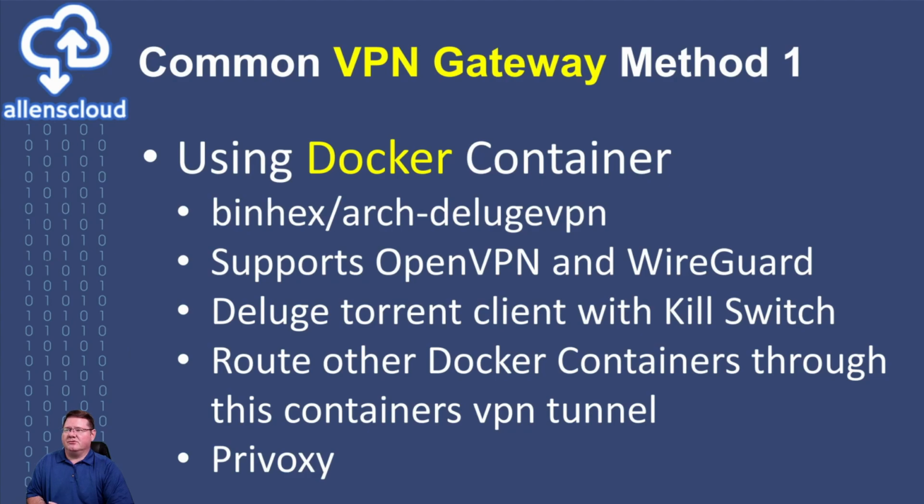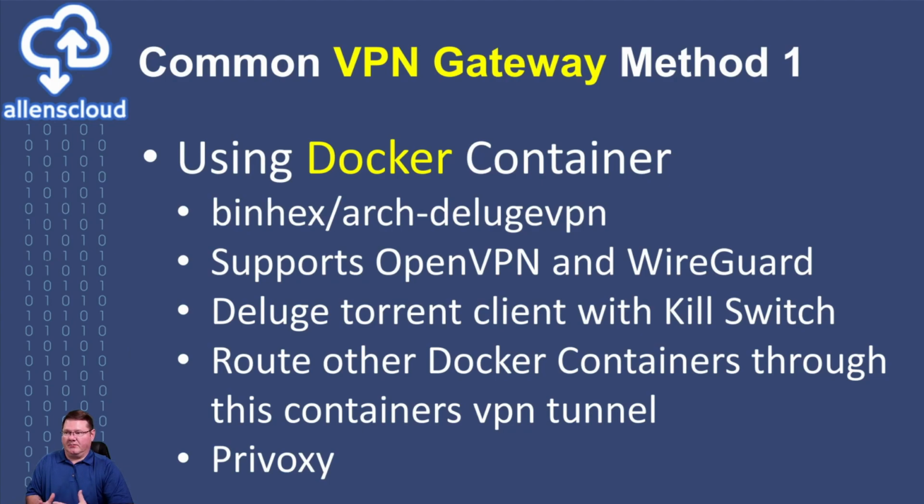So the first one here is using Docker. So the particular image, BinHex, the Arch Deluge VPN. It's very common, very popular. There are several other how-to video guides out there on how to set this up. So some of the benefits of using it this way is that it does support WireGuard as well as OpenVPN.